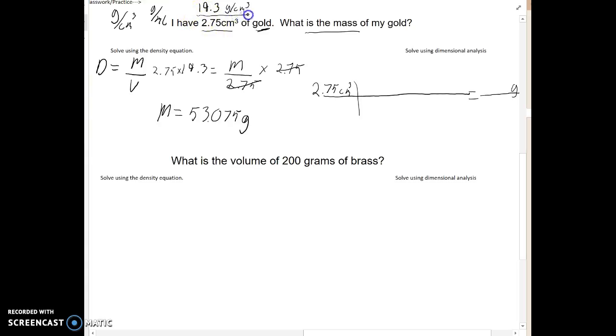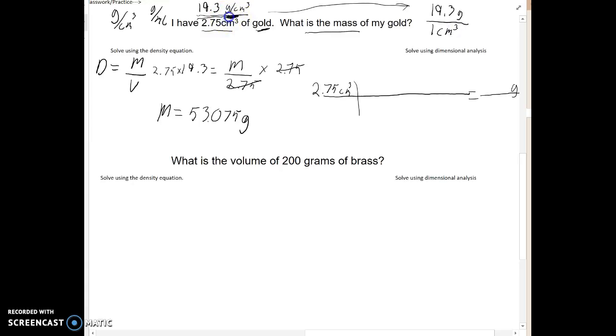If I look over here at the way I've written my density, I'm just going to change its form from being written like this to be written as a conversion factor. So when I write density as a conversion factor, it's just 19.3 grams over 1 centimeter cubed. And that's what this unit is telling me over here anyways.